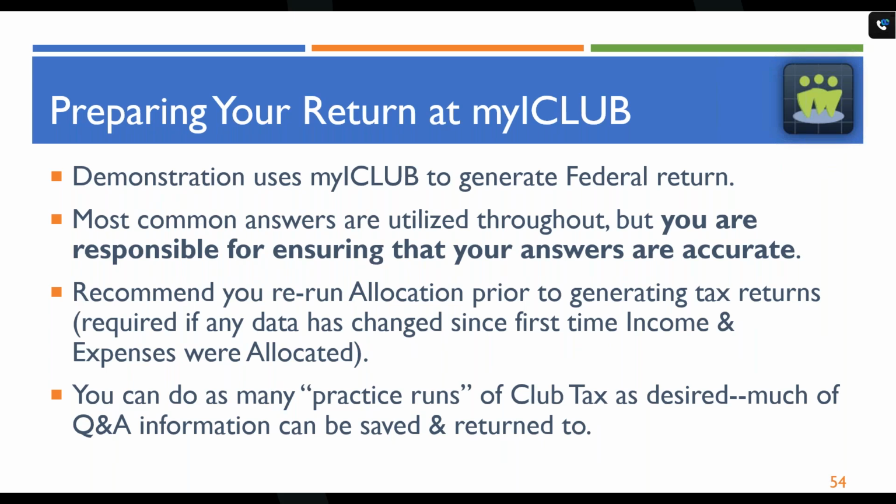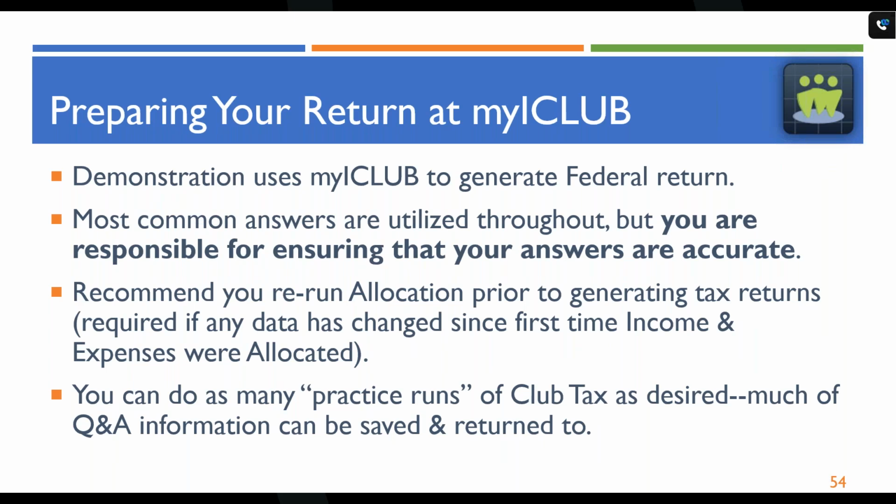We always recommend that you regenerate your allocation of income and expenses prior to generating tax returns. It is required if you changed any data. If you found an error, or missed a transaction and entered it, you would definitely want to regenerate that allocation of income and expenses. We covered that in our Closing the Books presentation, which you can watch as a review.